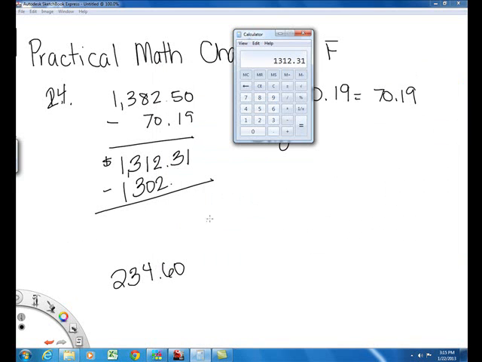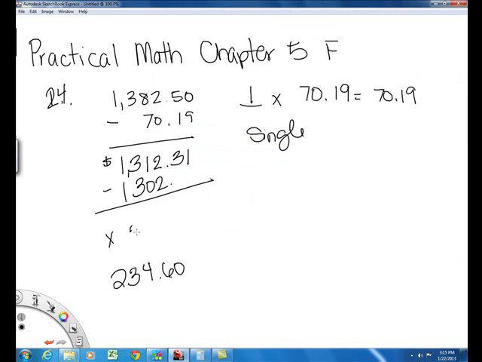So whatever I get there, I'm going to multiply by 27%. So the first thing I have to do is I have my taxable income. They've already calculated everything up to $1,302. That's this amount right here. So we just have to calculate the next portion, which is at 27%.